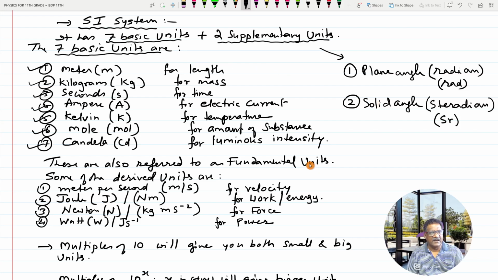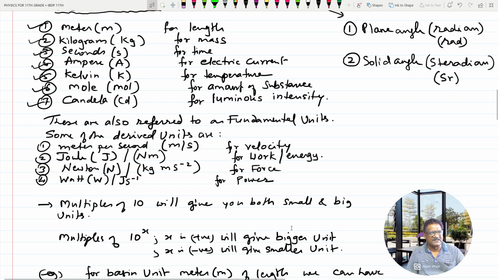Now, these 7 units that I talked about right now, not these 2 supplementary units, are also referred to as fundamental units. Using these fundamental units, you can make some derived units. Some of the derived units are, say, meter per second, which is written as m/s, m for meter and s for second.